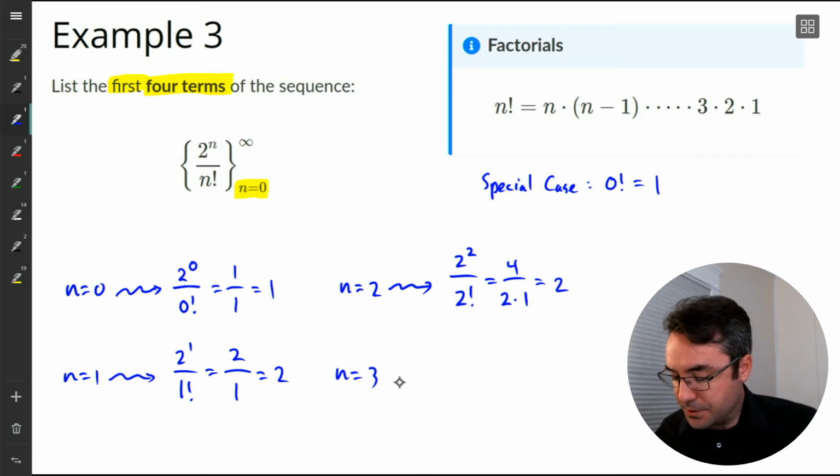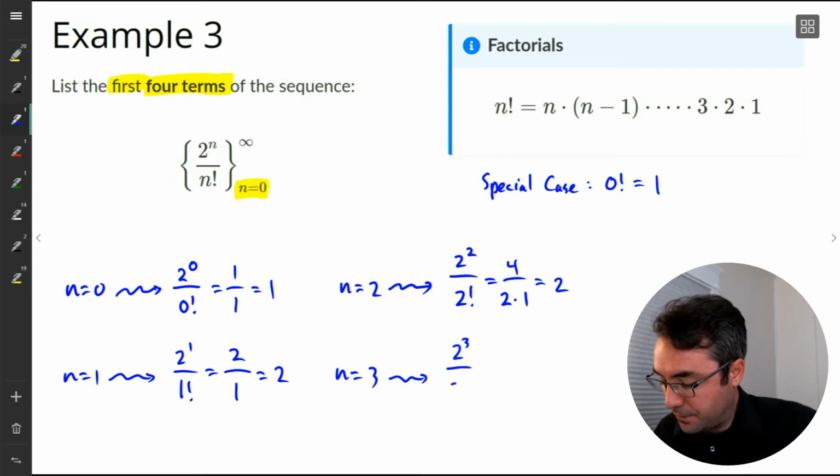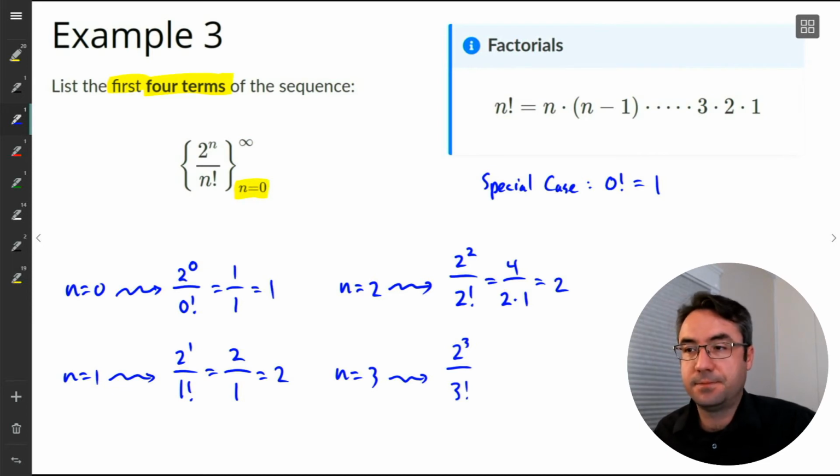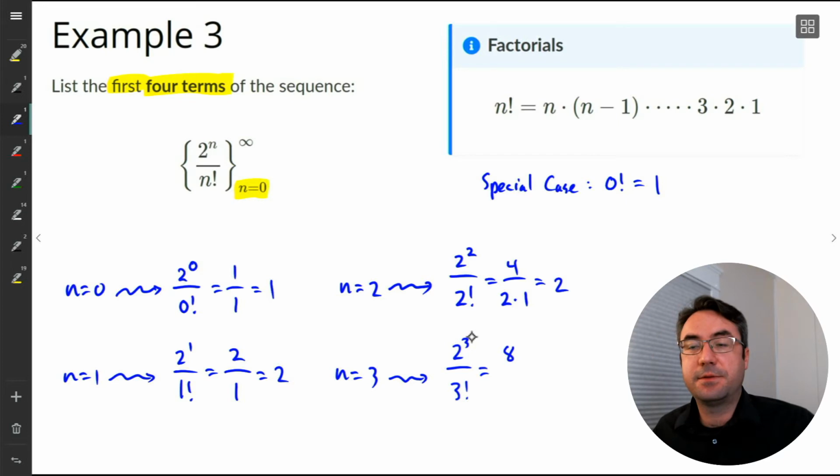All right, what about n equals 3? Let's plug this in. So we're going to get 2 cubed, 2 raised to the power 3, because, again, we see n in the exponent there. And this will be all over 3 factorial. So what do we get if we multiply out the numerator? We get 8.